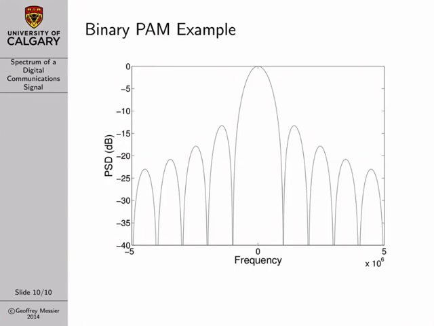It's also very instructive to plot the power spectral density equation that we found on the previous slide. And so that's what I'm showing here. Just a few bits of information about this plot. The first thing is that we assume the symbol interval T is equal to 1 microsecond. On the y-axis, I've plotted the signal in decibels, or dB, and that's a very normal standard thing in communications theory.